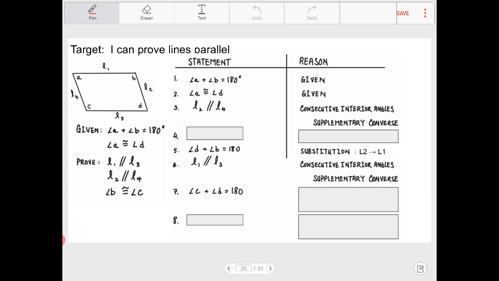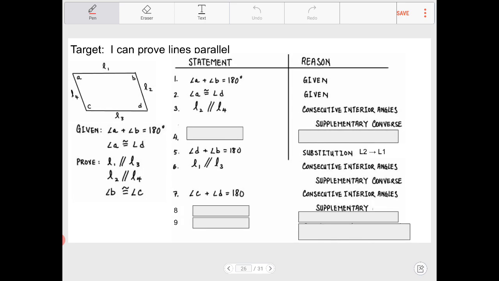And why are C and D supplementary? Well, that's because consecutive interior angles are supplementary, not converse, okay? Because we know that lines 2 and 4 are parallel from line 3, right? We've made that conclusion in line 3. We can again say consecutive interior angles are supplementary. This is because of line 3.